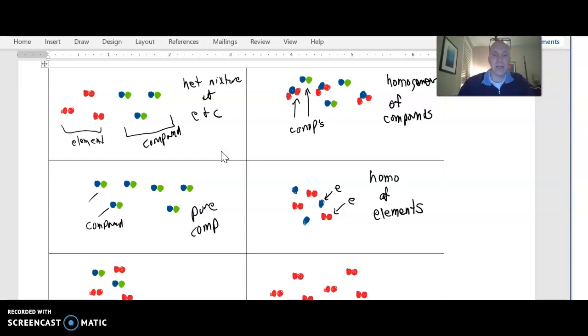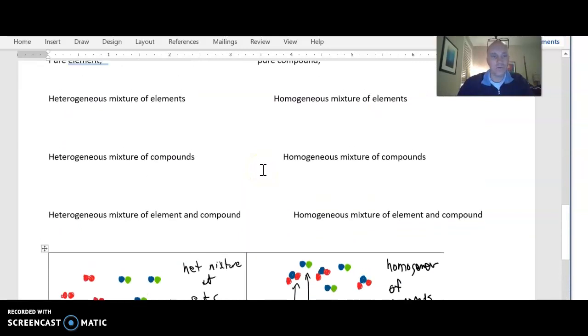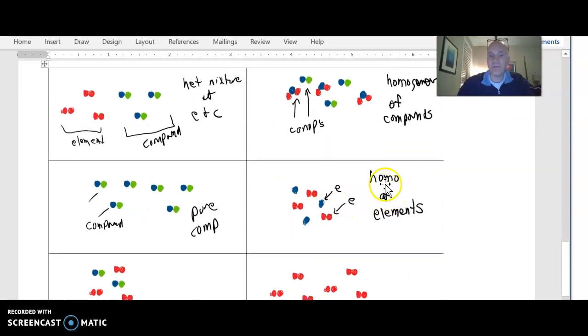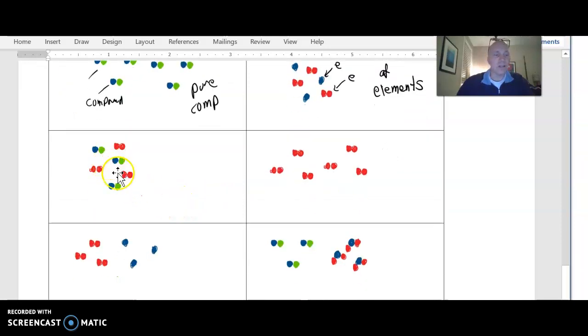Notice for it to be a homogeneous mixture of elements, the elements have to be different. This would be one type of element. This is a different type. Here, the red one is an element because those are both the same atom, so that would be an element. This right here is a compound.